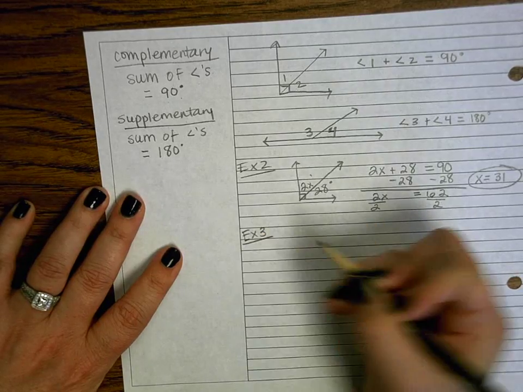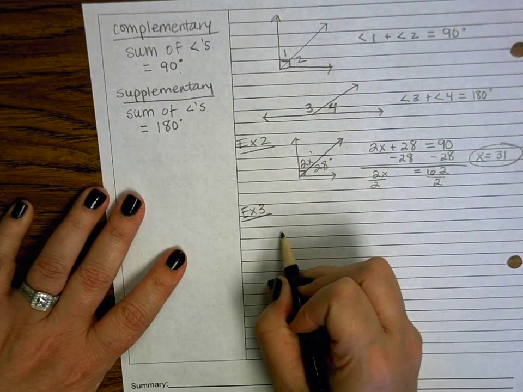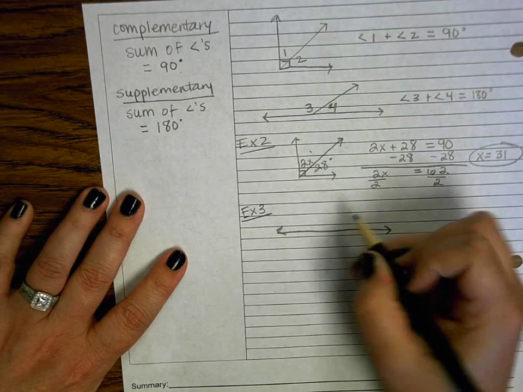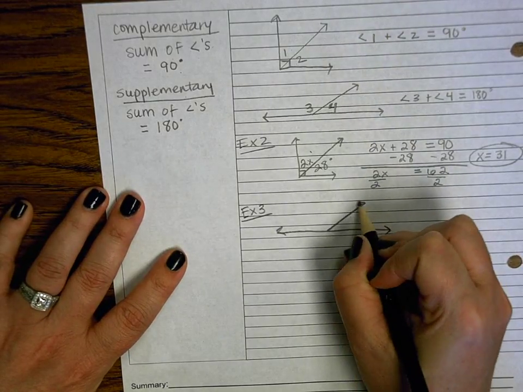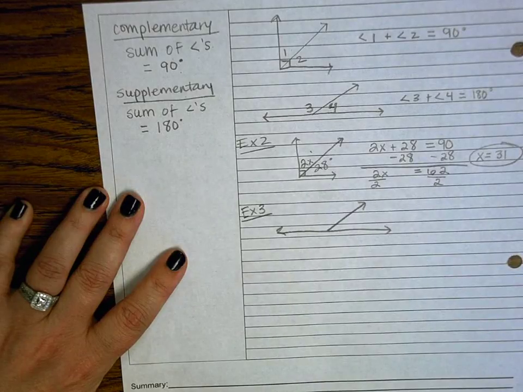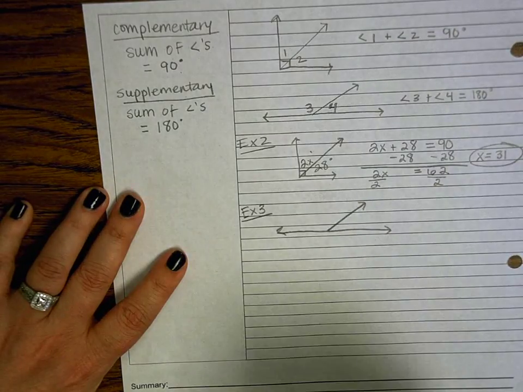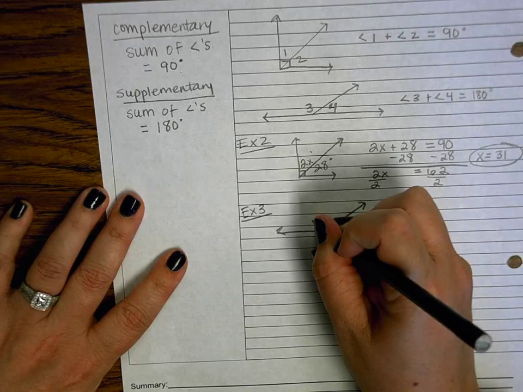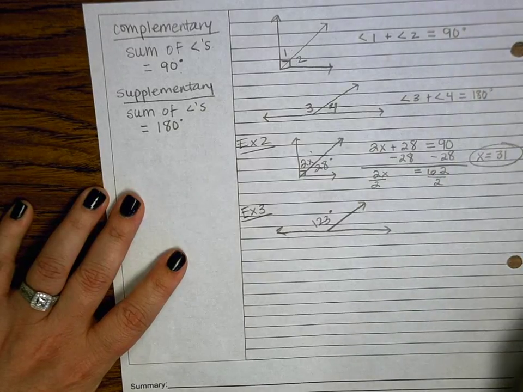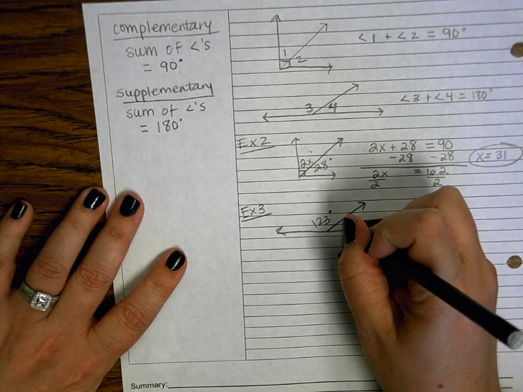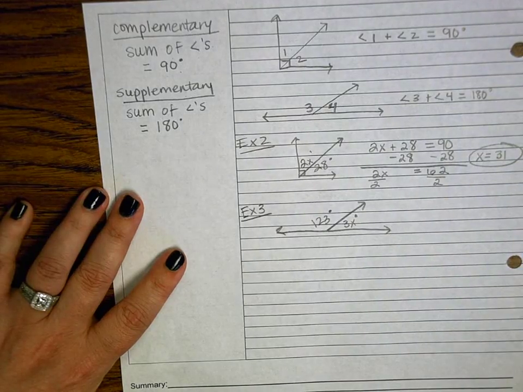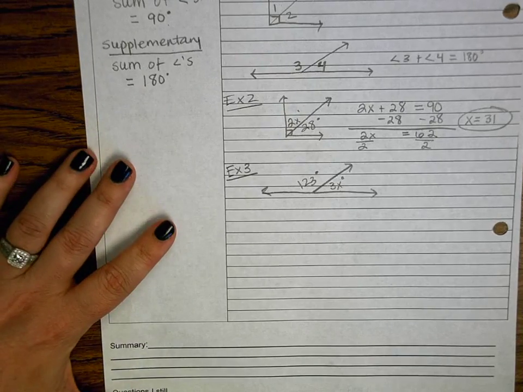Last example. Now we have to solve a supplementary. So draw your straight line, just like the picture above, but instead of 3 and 4, I'm going to put some numbers there. I'm going to call this obtuse angle here 123 degrees, and the smaller acute angle, I'll call 3x degrees. To solve for this one, what does it have to add up to? 180. Good.